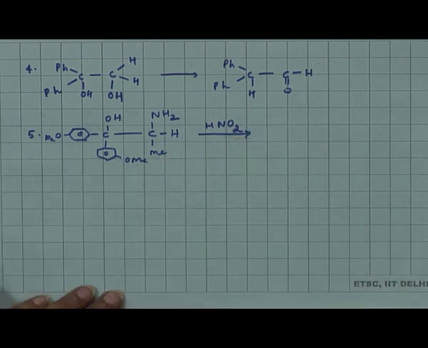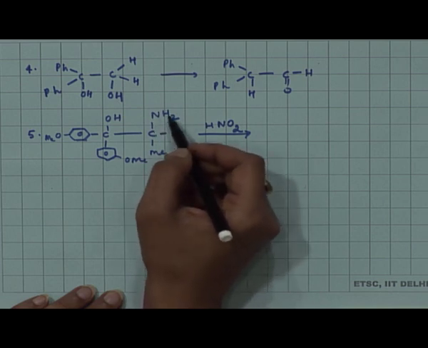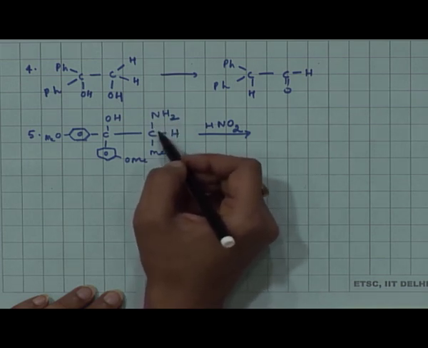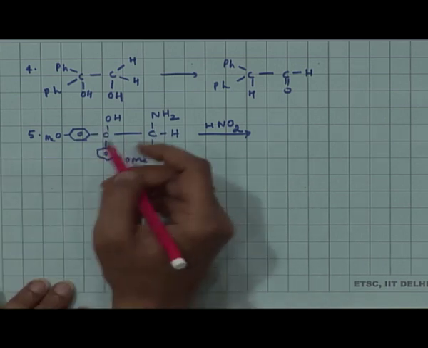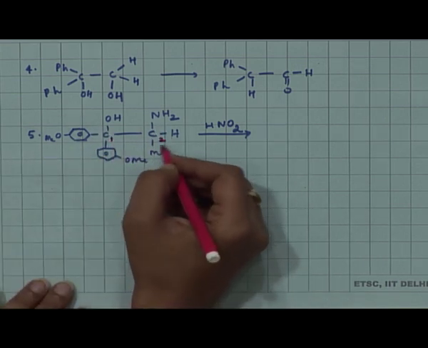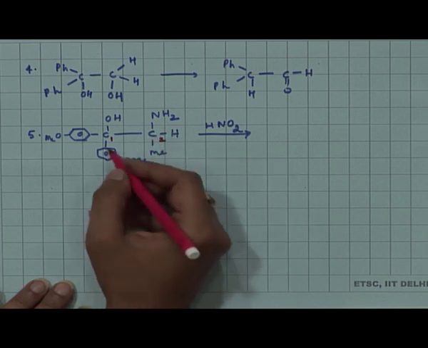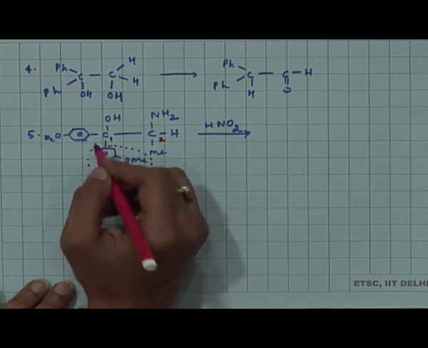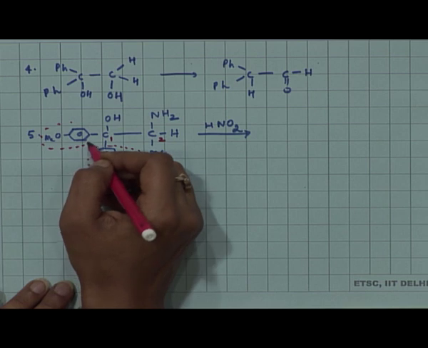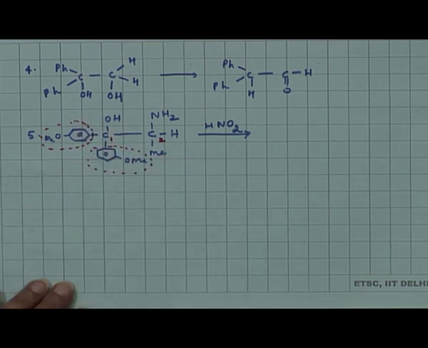When you treat this with nitrous acid, this is going to get removed and you get a carbonium ion generated on this carbon. So, between carbon 1 and carbon 2, you already have fixed the position of carbonium ion generation, which is carbon 2, and now it depends on these two aryl groups which one migrates. Is it the paramethoxy or the metamethoxy benzene which migrates in this case?